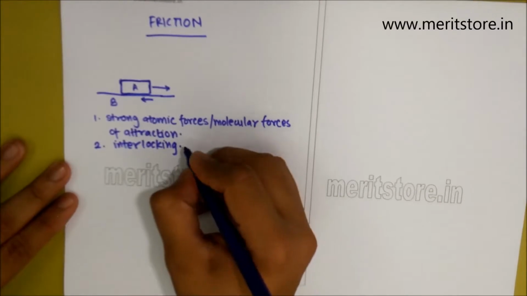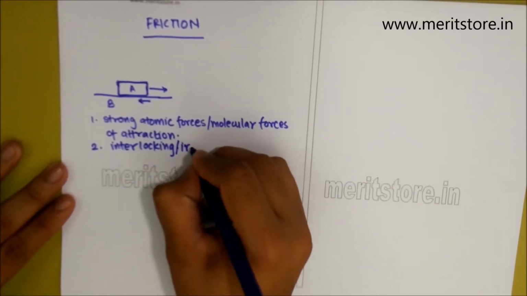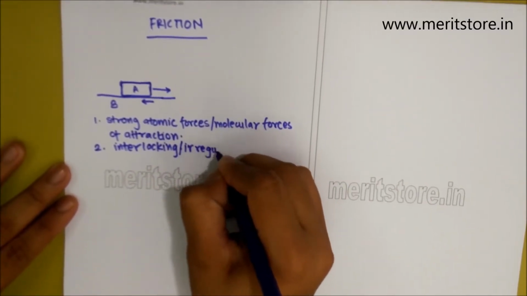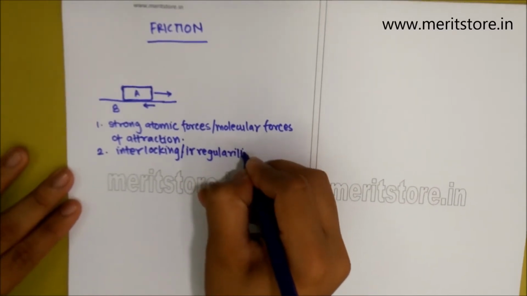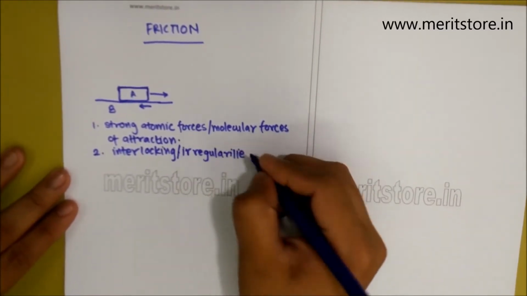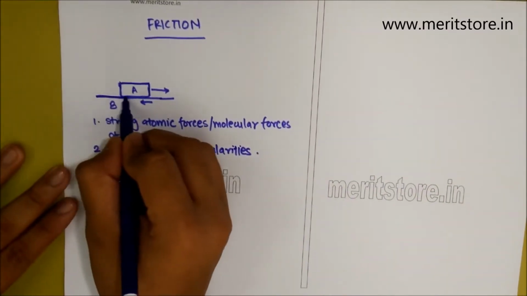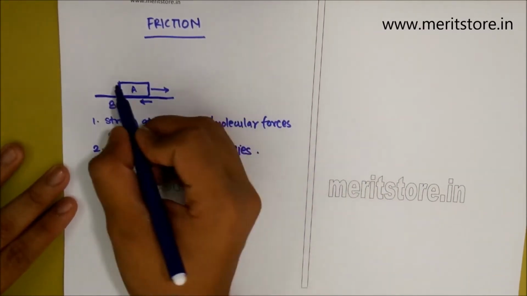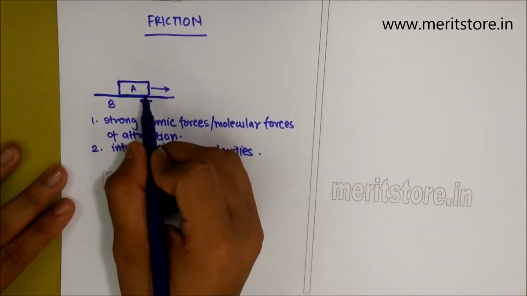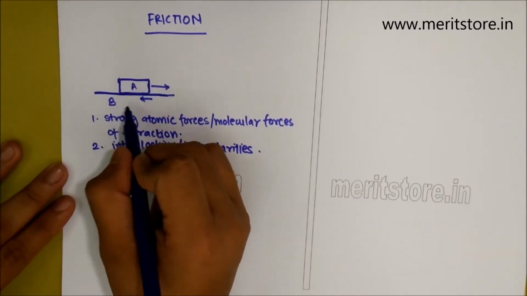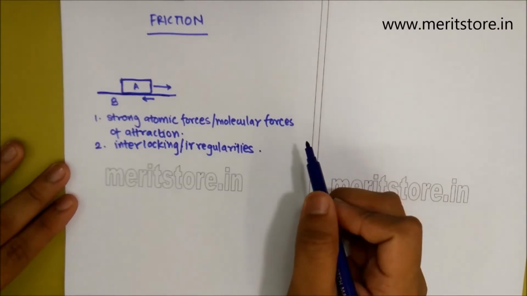This interlocking may also be due to irregularities in the surface. So due to irregularities in the surface, frictional force will occur, due to which the movement of body A over body B will be obstructed.